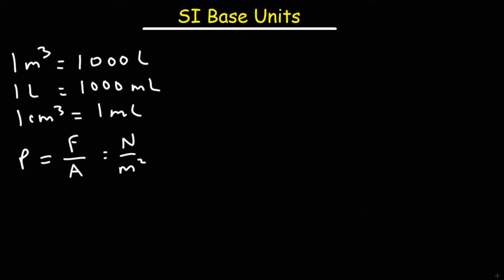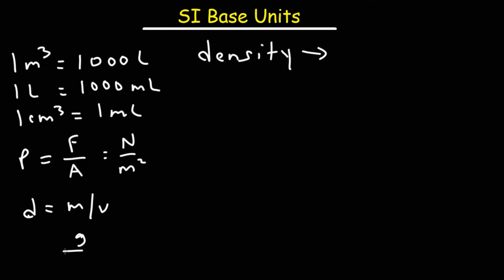Now, the next derived unit that we're going to talk about is density. Now, density is equal to mass divided by volume. In chemistry, the mass is typically in grams. The volume can be in cubic centimeters or milliliters.